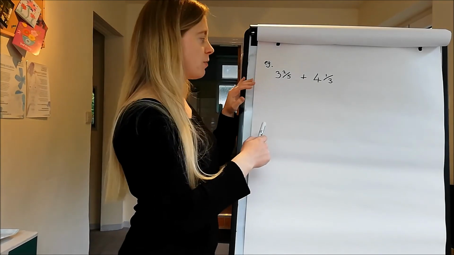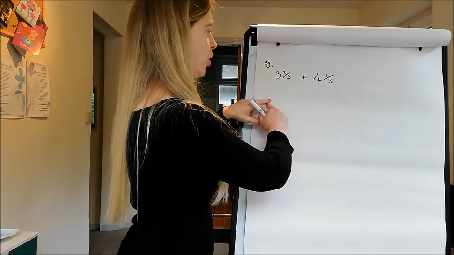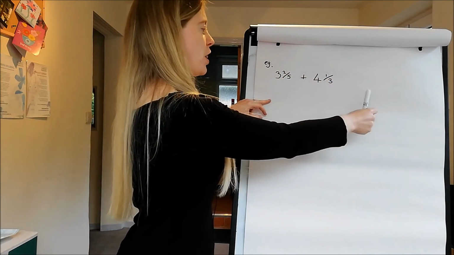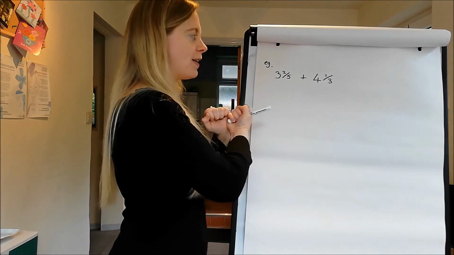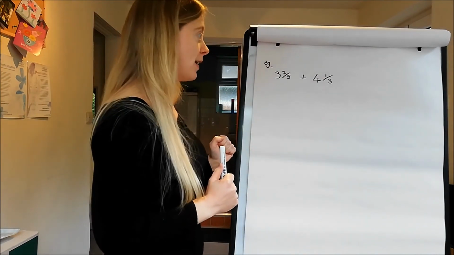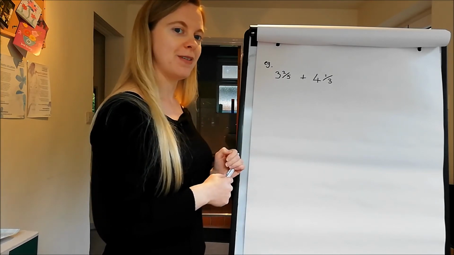Now, what students sometimes say to me is, well, can you not just add the 3 and the 4 to make 7? And then can you not just add the 2/5 and the 1/3 in the normal way and then add the two together to get your answer? And I say, yes, you can. You can when it's adding and you can when it's taking, but you can't when it's times and dividing.